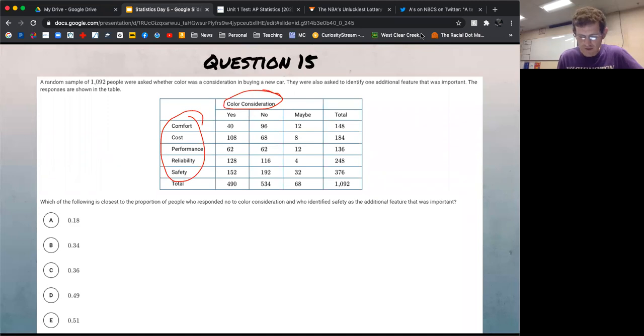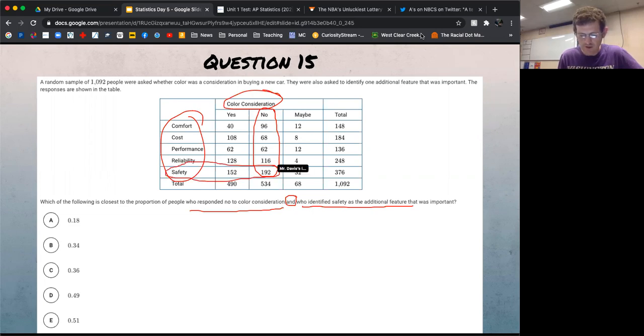The key word that sticks out to me is "and." I'll show you how I think through this. What is the closest to the proportion of people who have two characteristics that match?